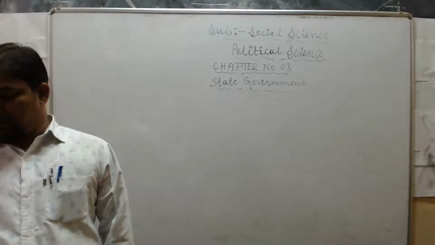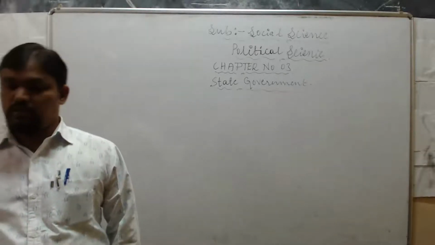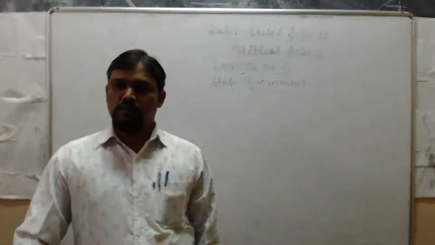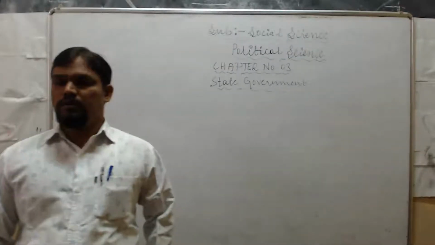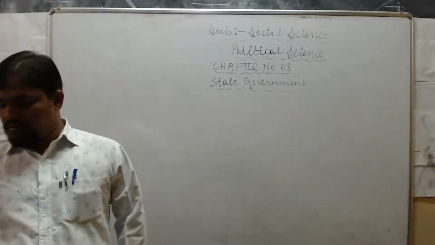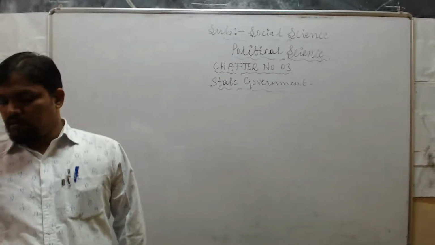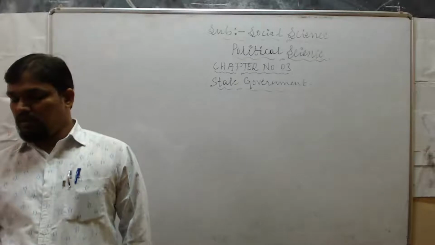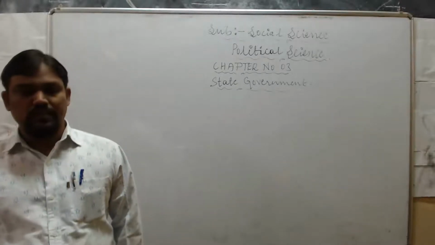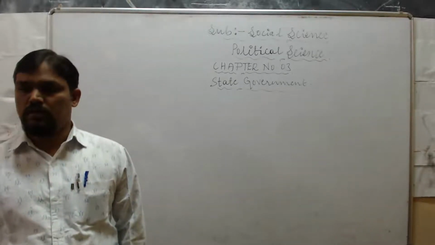Next, the term of the members is 6 years. The term of office of MLCs is 6 years, but every second year, 1/3 of the members of the legislative council retire.